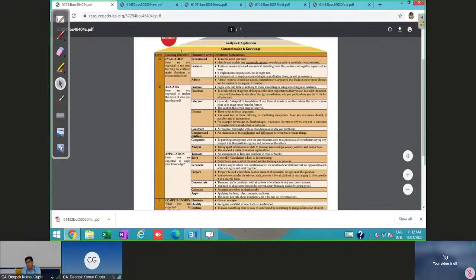There are three levels for skill assessment: level 1, level 2 and level 3. In level 1, we have covered verbs like list, state, identify, explain, define. Here we have to use our memorization skill. Here weightage is around 10 to 15%.